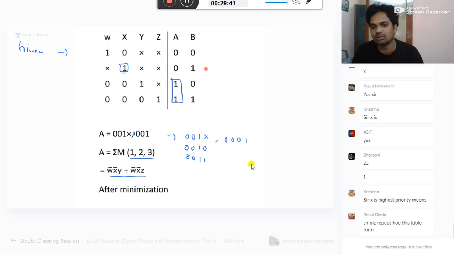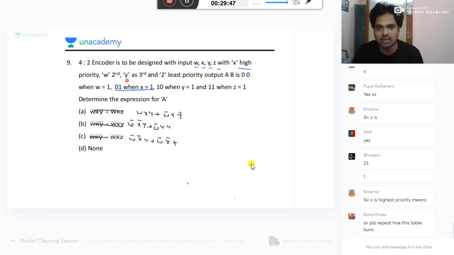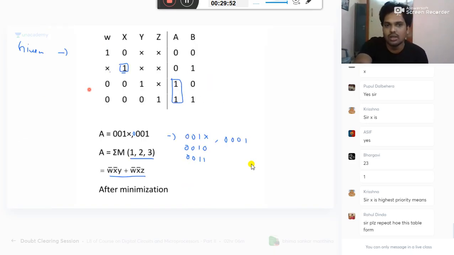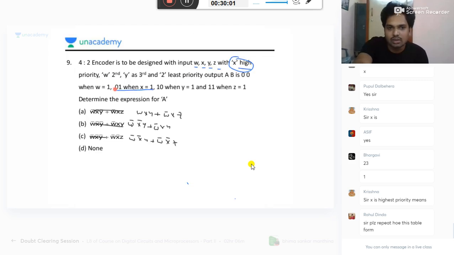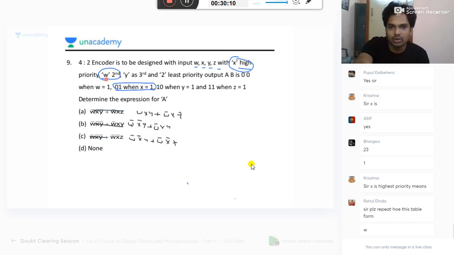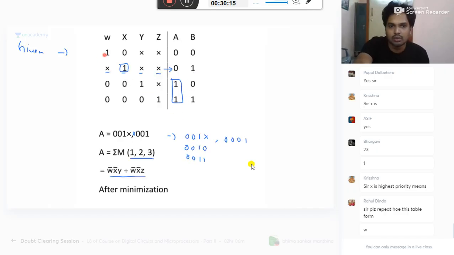Assume tPD1 is less than tPD2, so this fellow will change first. 1 into 1 gives 1, whole bar gives 0. This 0 comes here: 0 into 1 is 0, whole bar gives 1. Then this 1 goes back and it will not change further, because 1 into 1 is again 1, whole bar is 0. So you get 0, 1.